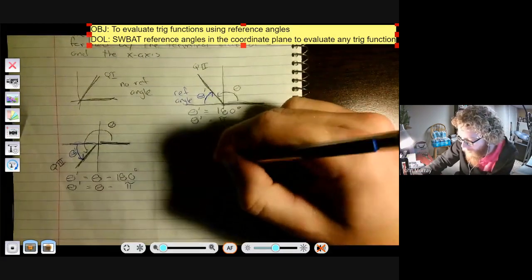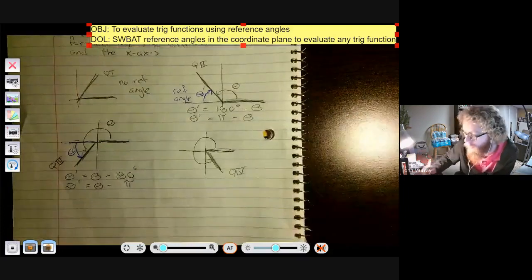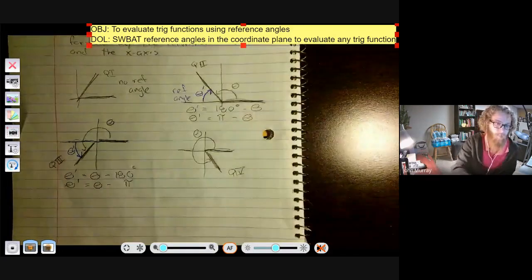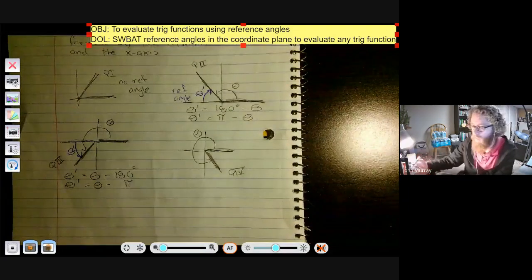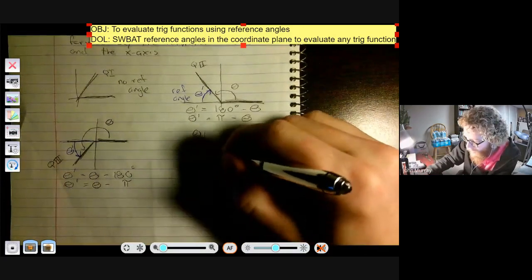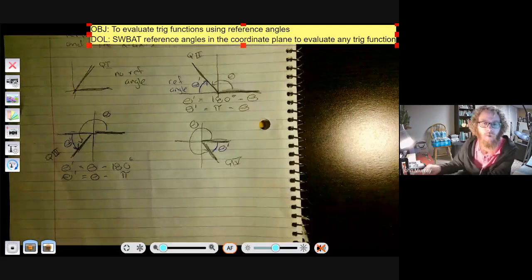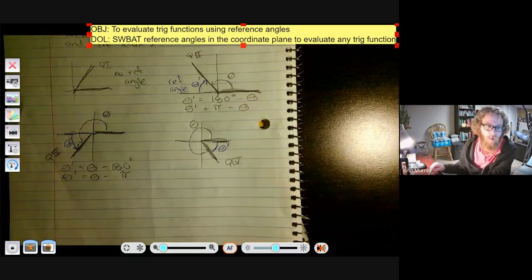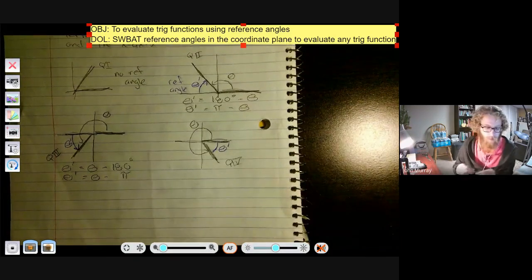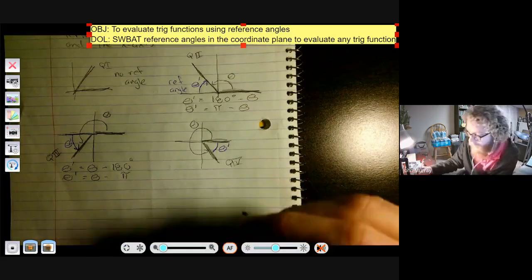All right, so here we would have a very large angle that would be greater than 270 degrees. But now my reference angle, I can find that easily between here and my x-axis there. All right, so now it's a little different.